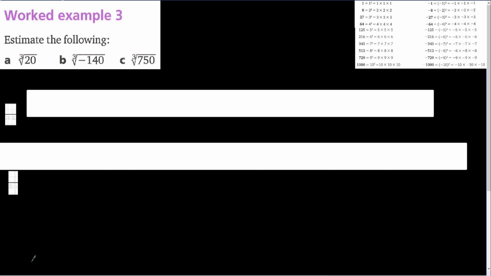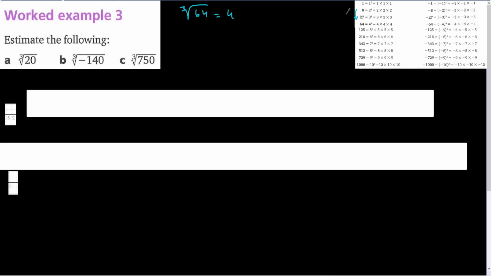Okay, now in the previous question I asked the cube root of 64 and this was equal to 4 because 4 cube is equal to 64. But as you know, here in the table, the cube root of 20 is not an integer, because 2 cube is equal to 8, 3 cube is equal to 27, and there is no integer between 8 and 27 which has an integer cube root.